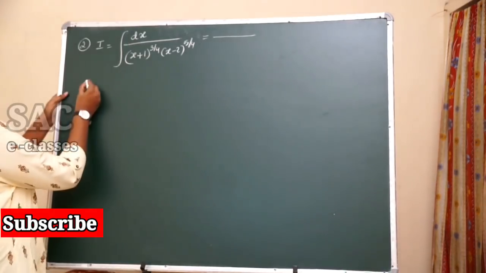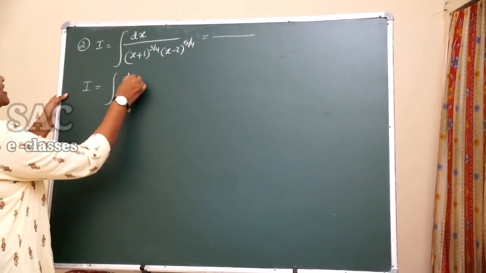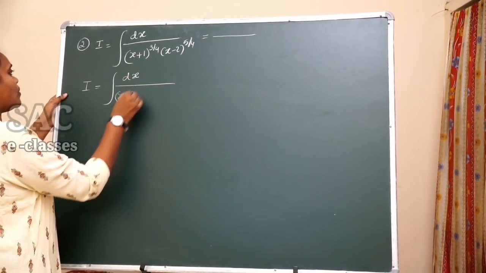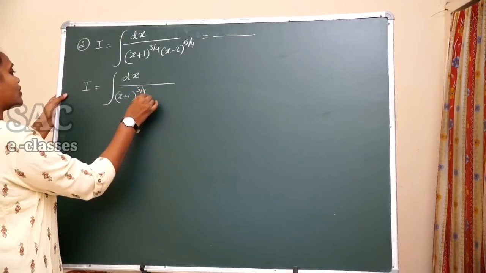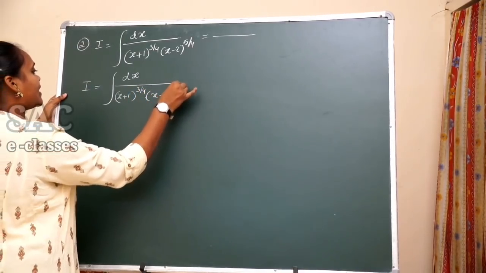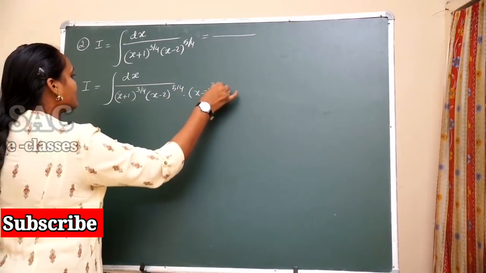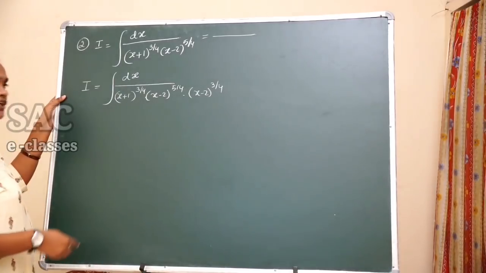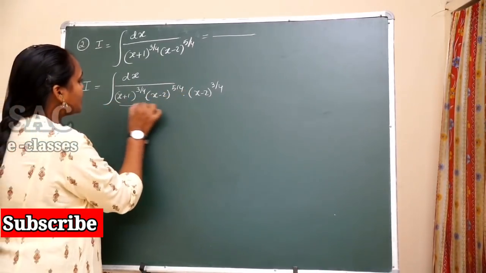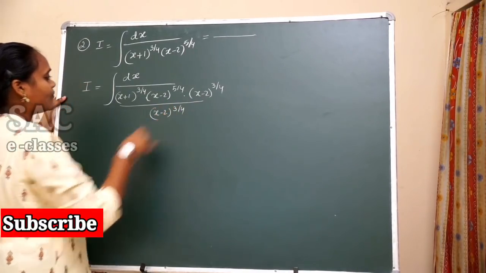Let us see. I equals integration dx by (x plus 1) whole power 3 by 4 into (x minus 2) whole power 5 by 4, and (x minus 2) whole power 3 by 4. Always make it into a small power. So with that small power, multiply and divide by (x minus 2) whole power 3 by 4, a non-zero value.